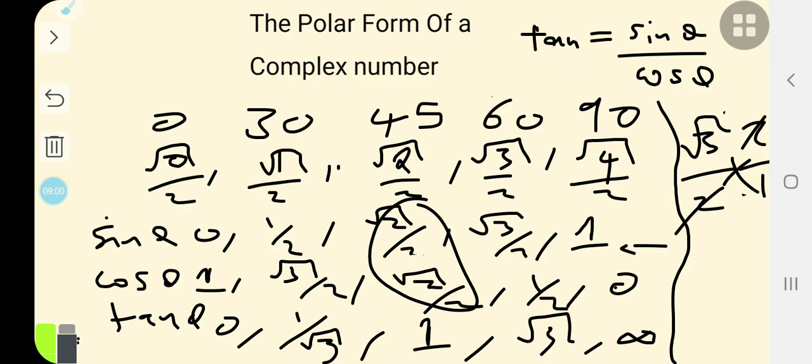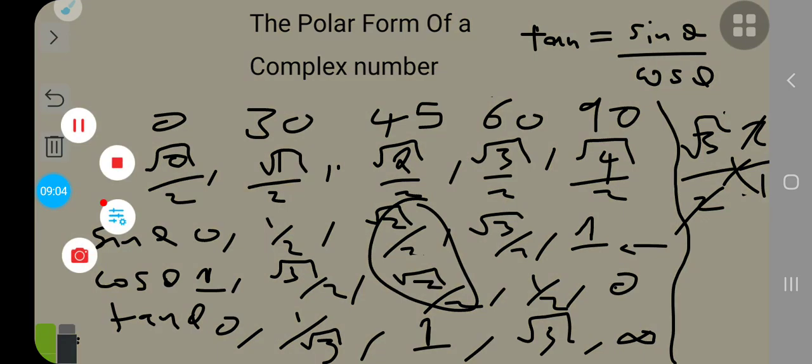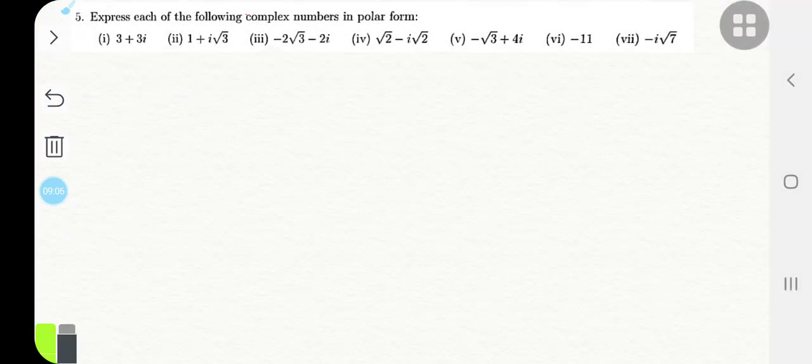So now let's try to work on some examples. Question 5 from your tutorial sheet says: express each of the following complex numbers in polar form. These complex numbers which have been given are in rectangular form or Cartesian form.